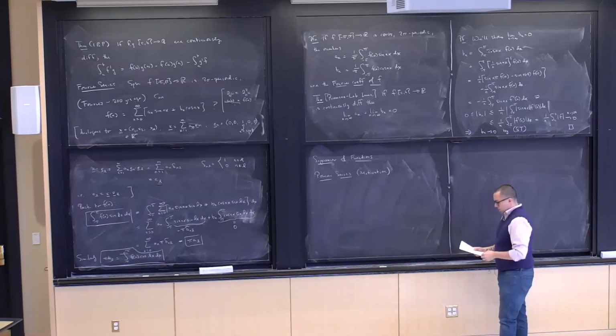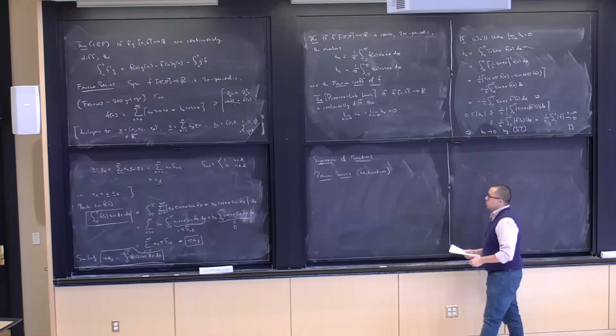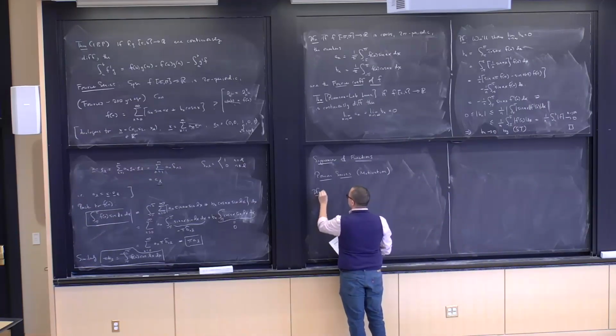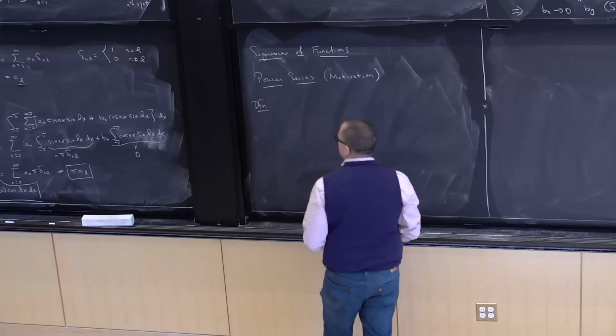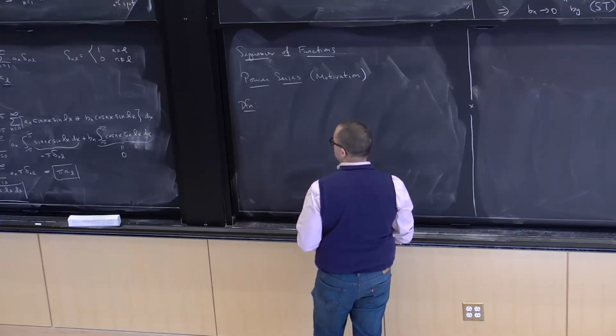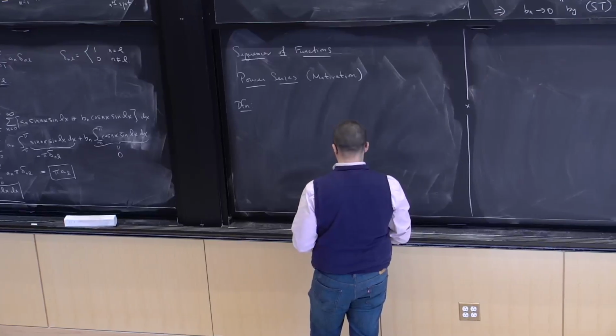But now I'm going to make a more precise motivation for what's to come. Although we've had series forever, I never brought up power series, and it's for a reason. It's because I didn't think they belonged anywhere until we got to sequences of functions.